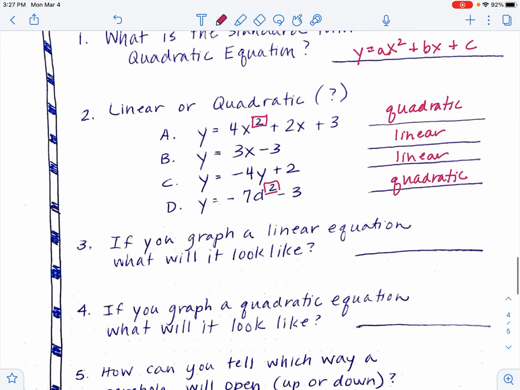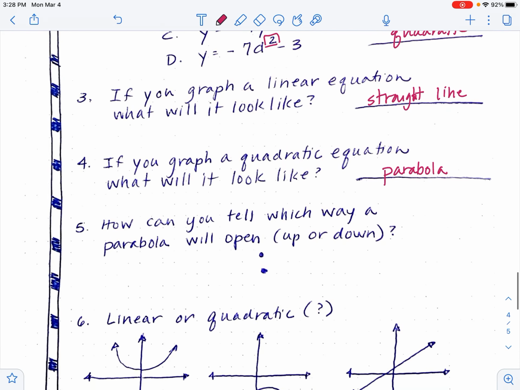If you graph a linear equation, what will it look like? A straight line. If you graph a quadratic equation, what will it look like? Parabola. How can you tell which way a parabola will open?